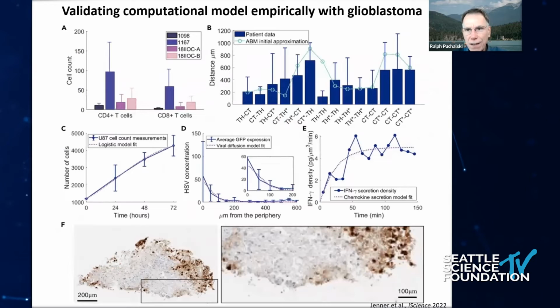This figure shows the validation of the computational model using empirical data. So in panel A, the number of CD4 positive T helper cells and CD8 positive T lymphocytes were measured in tumor slices from 4 different patients. Different colors are represented in the bars, the columns on the graph.